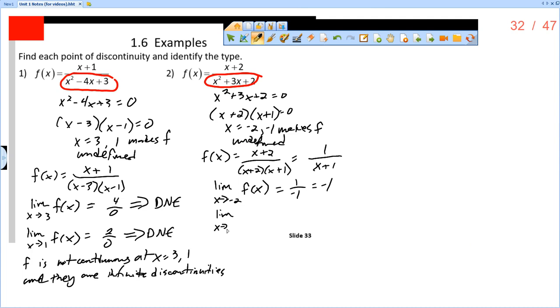But at negative 1, even with the reduced version, we're going to get 1 over 0, and so that leads us to a limit that does not exist.